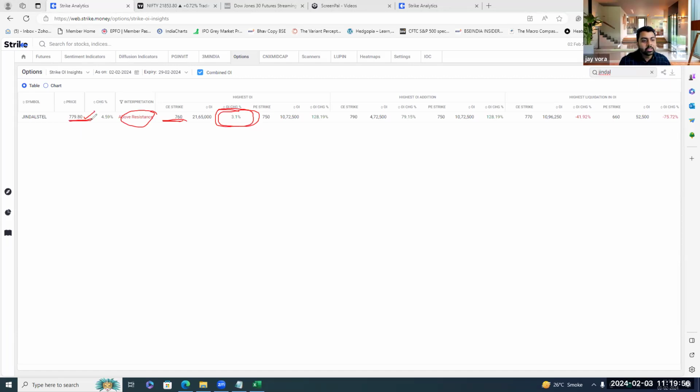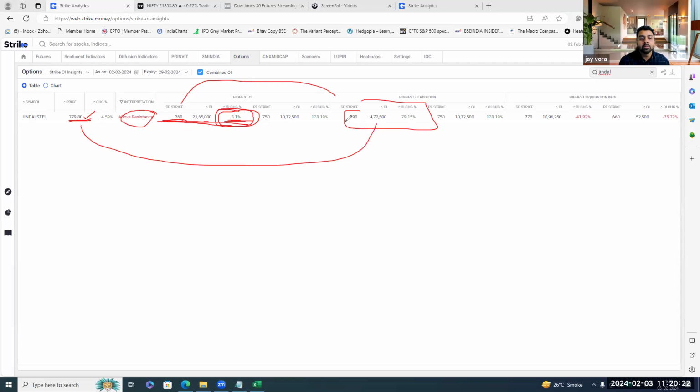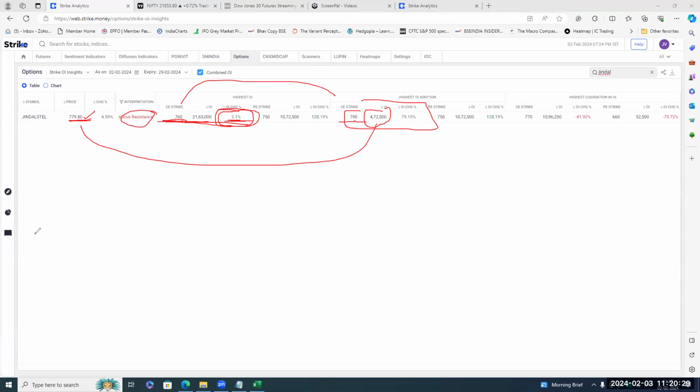If it is sustaining at higher levels, then you will eventually see covering happening over here. Then the next part is that you can already see 790 addition is already happening. Which means that if the covering starts happening in the morning 1 hour, then there is a good chance that Jindal eventually goes towards this 790 mark where the next major resistance will be. Okay, so just wanted to clarify that only.